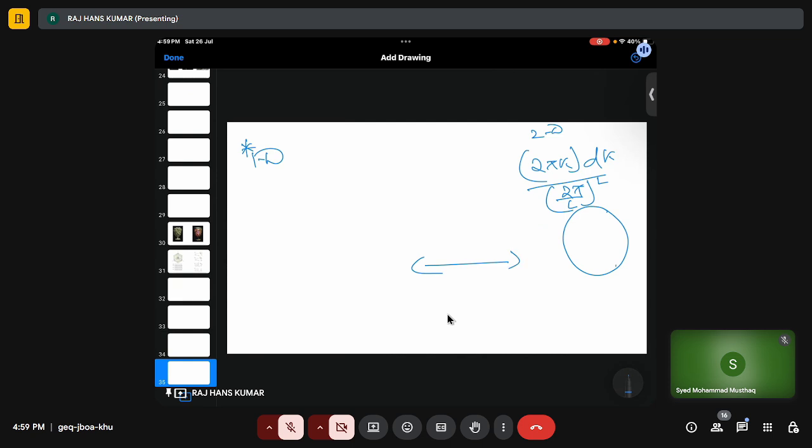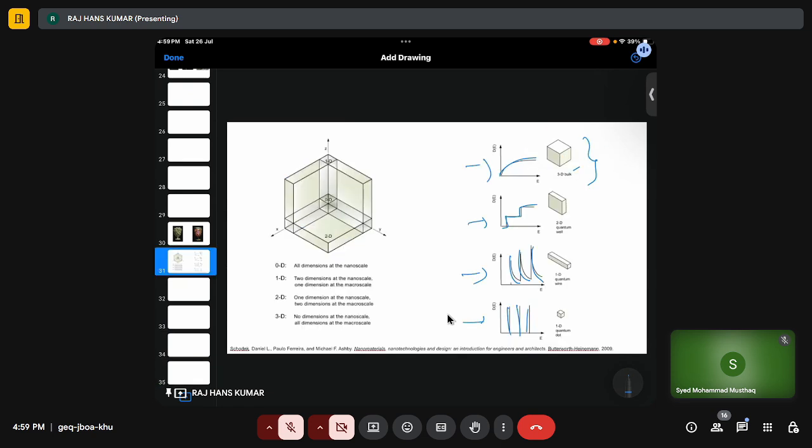Then my line should be what? dk, that's all, divided by 2π by L. Because it was area it will be squared, and because we have only length it will be just 1.